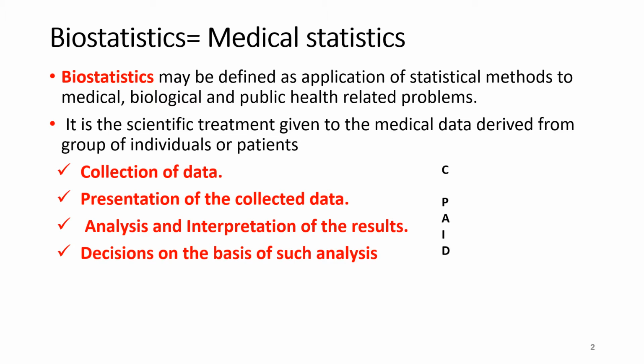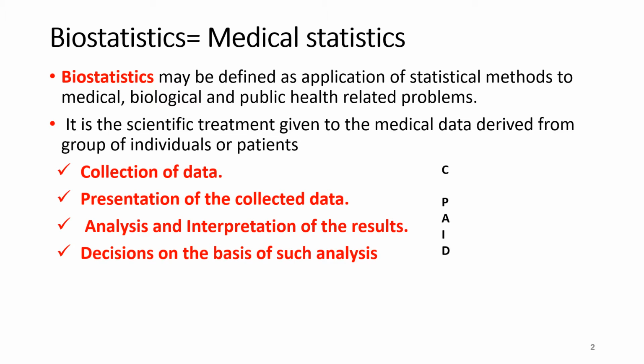If you recall, biostatistics is the application of statistical methods to medical, biological, and public health related problems. It is the scientific treatment given to the medical data derived from a group of individuals or patients. To remember easily, find this mnemonic to your use, that's CPAID. So, in fact, you can even remember it as CashPAID, CPAID.